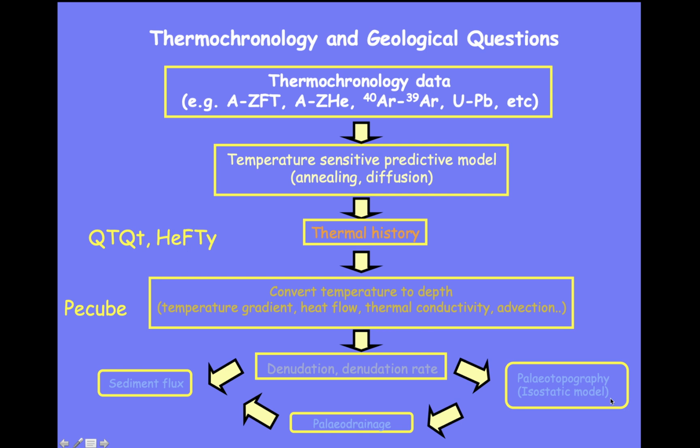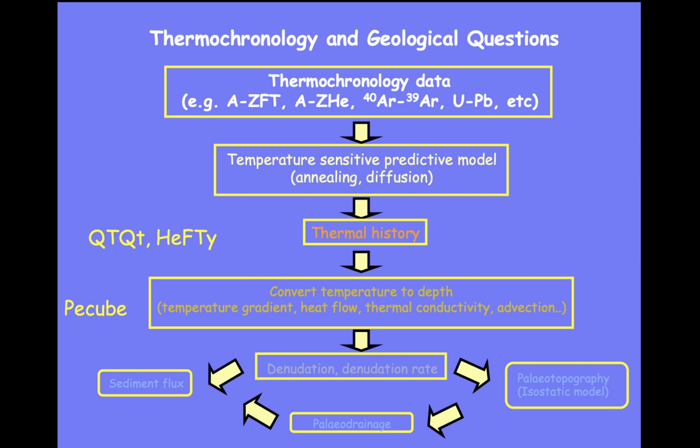So we're trying to extract a function, which is the temperature history, usually a series of time temperature points which are joined up by straight lines to create a continuous thermal history. And we make a prediction of what we'd expect to measure for different data types with that thermal history and compare those to our observed data.